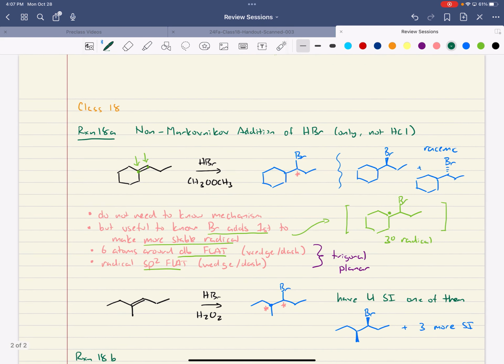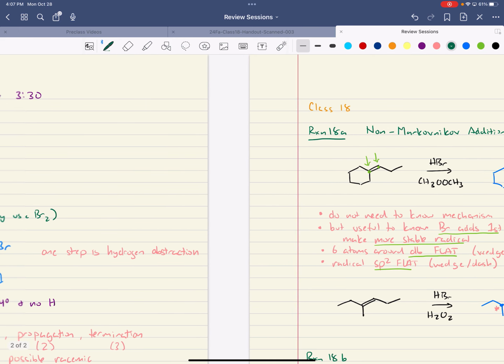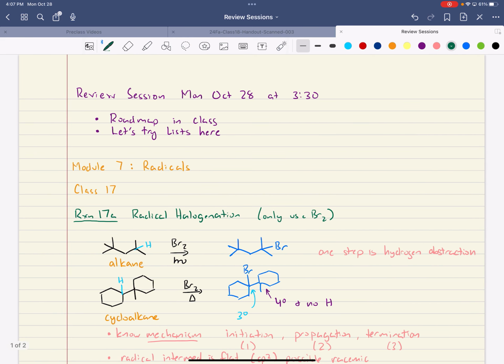I said in the previous video that this is different than the roadmap. Some people like the roadmap, some people like lists. Honestly, I like lists when I'm first learning the reactions, but if I'm trying to put all of these reactions together in a synthesis, it's the roadmap that helps me the most. And so I use both. When I first start to study, I study the lists.